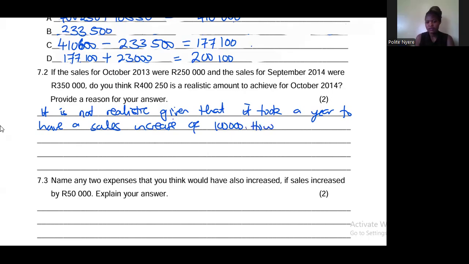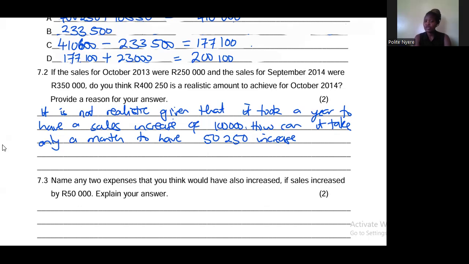How can it take only a month to have a 50,250 increase?